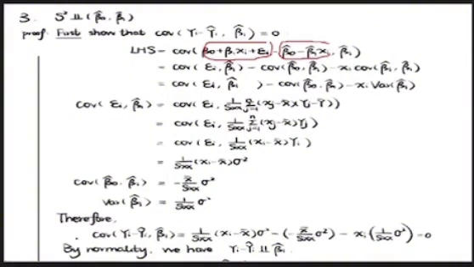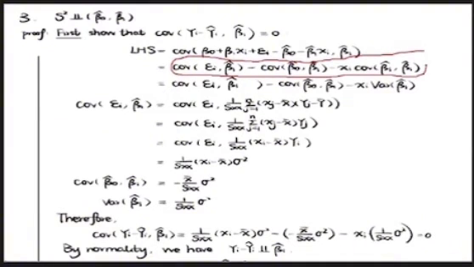Now, the next thing is to take a look at this. I need you to pay attention. Comma, beta 1 cap, right? Error and beta 1 cap coming together. Beta naught cap and that one coming together.